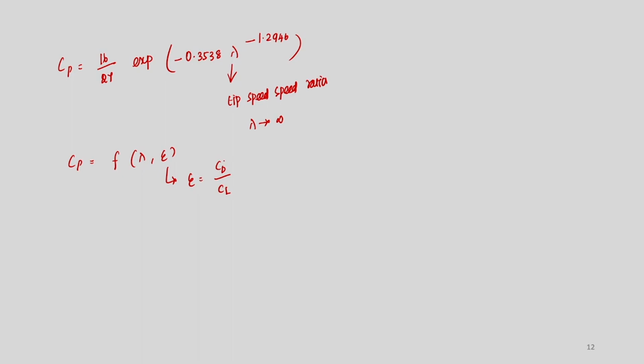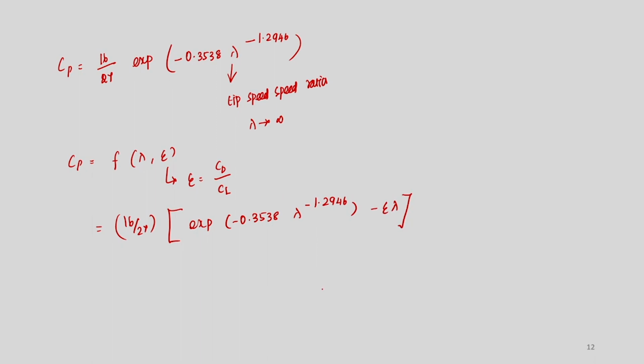What is Cd? Cd is the drag coefficient, Cl is the lift coefficient. For that the formula would be 16 upon 27 exponential minus 0.3538 lambda into lambda power 1.2946 minus epsilon lambda, right.